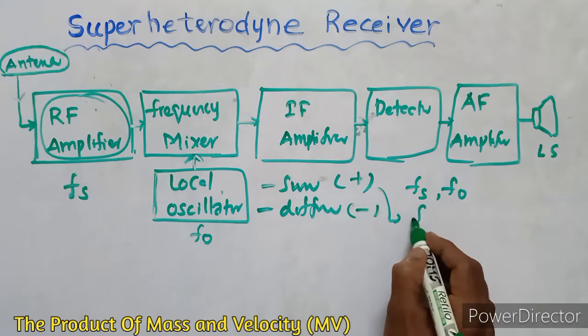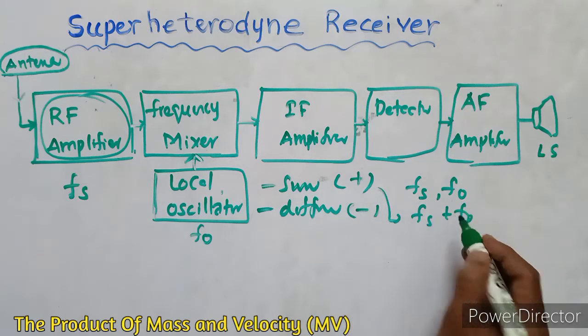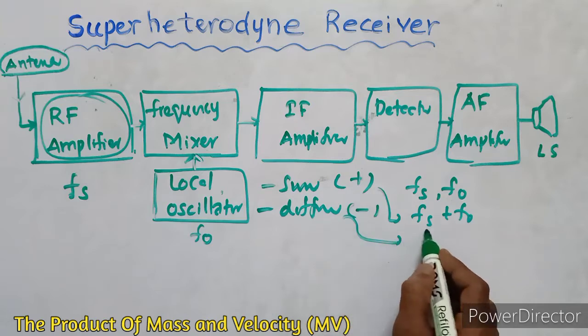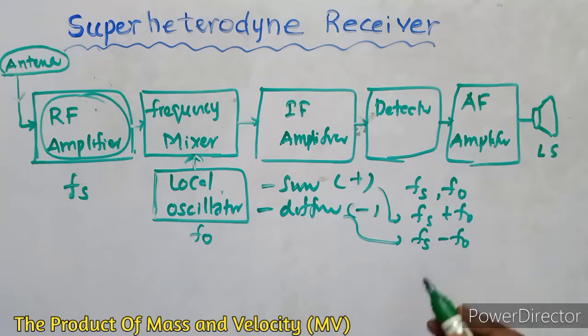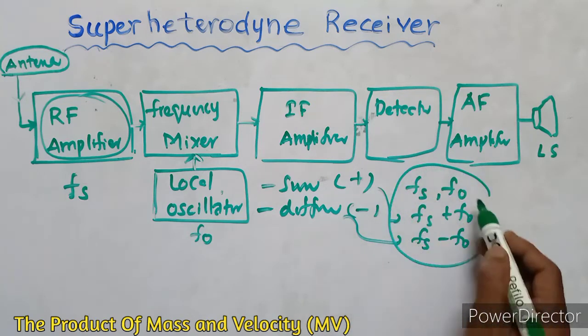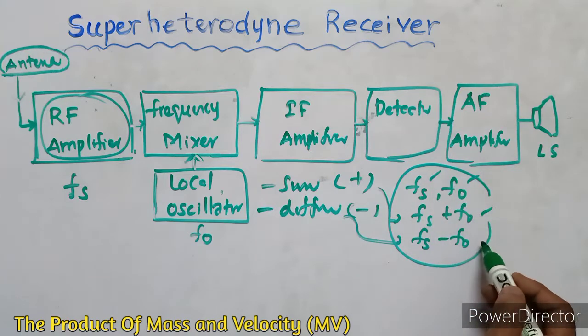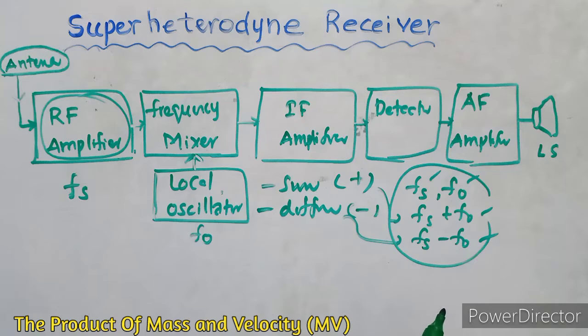Sum means Fs plus F0. Difference means Fs minus F0. These four components are the output currents of the mixer.